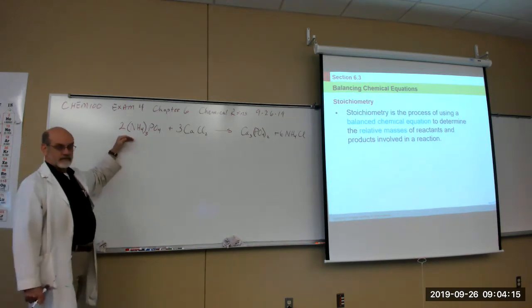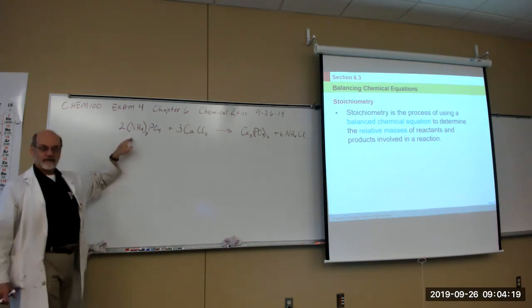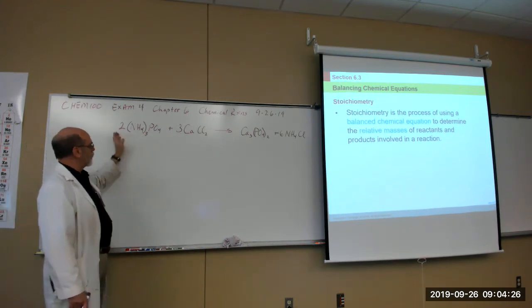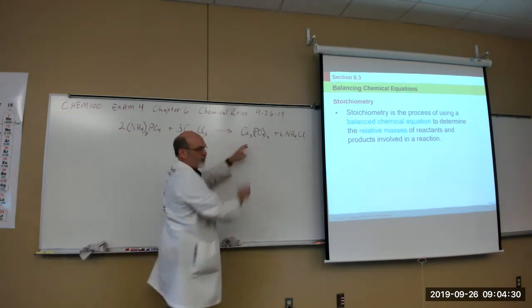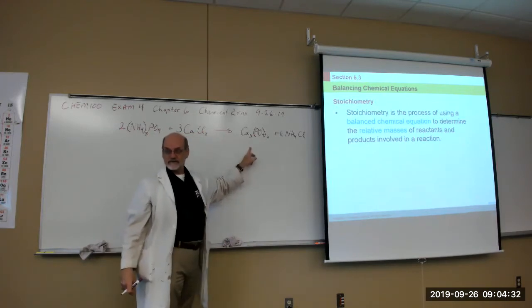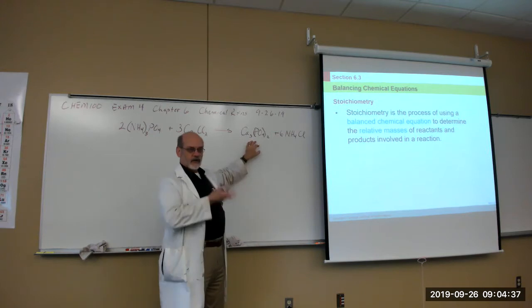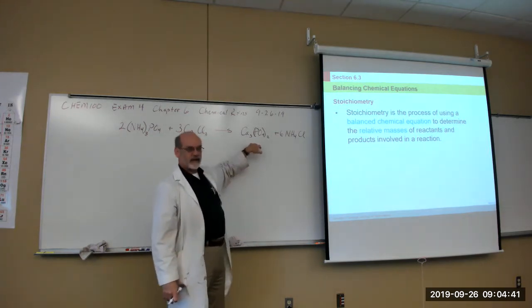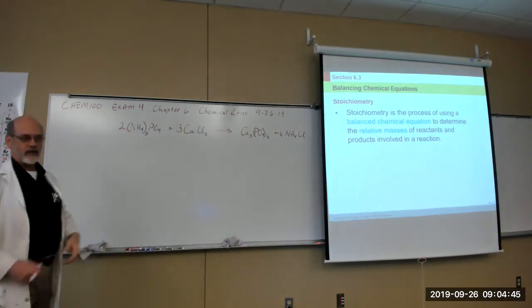Mass of this, you can tell how many moles it is. You need the molar mass of that compound. And you can convert mass to moles. Once you have the number of moles here, then you can use the ratio of this one to that one to tell how many moles of that one are produced. Okay? Once you know how many moles of this one are produced, you can convert back to mass using the molar mass of this compound instead. Okay? That's stoichiometry.